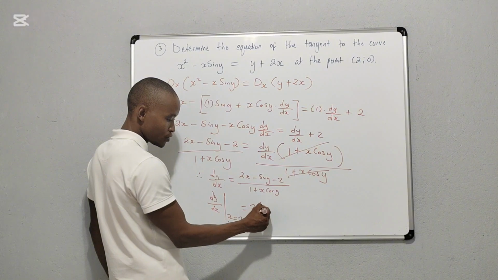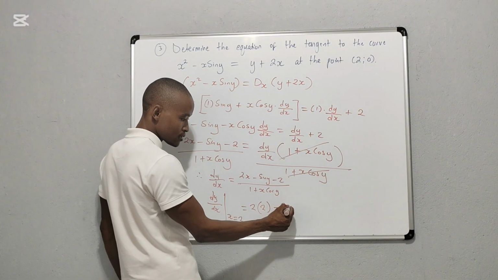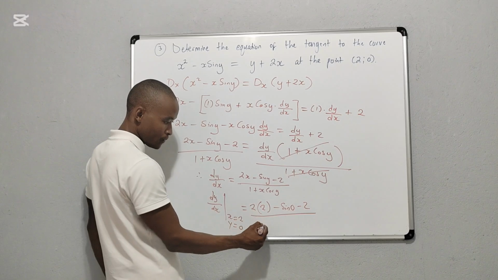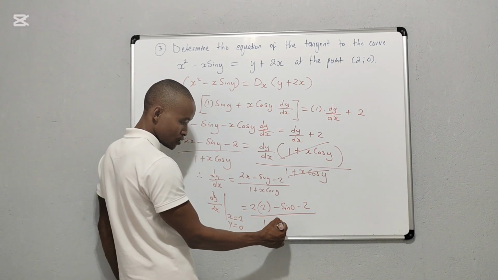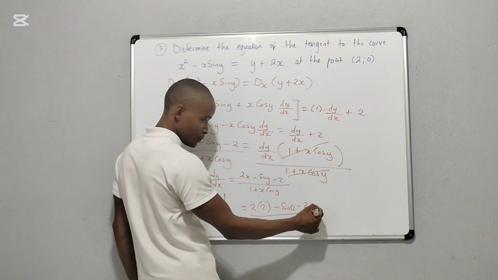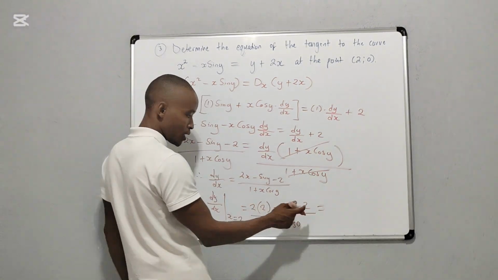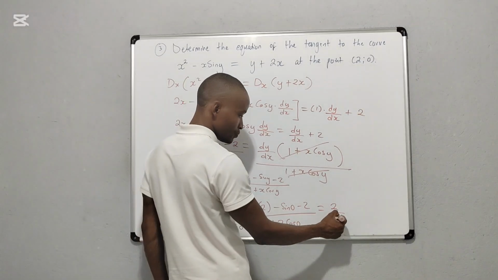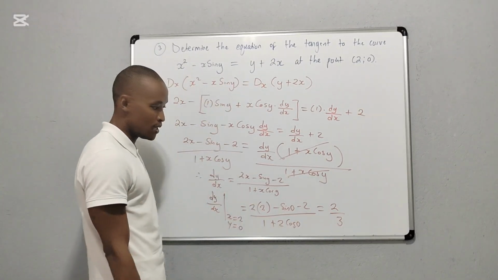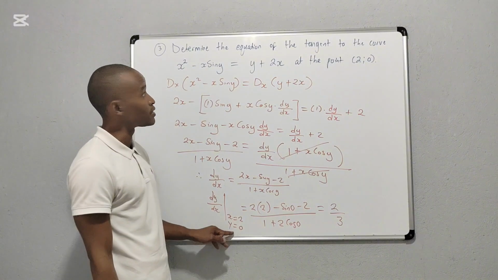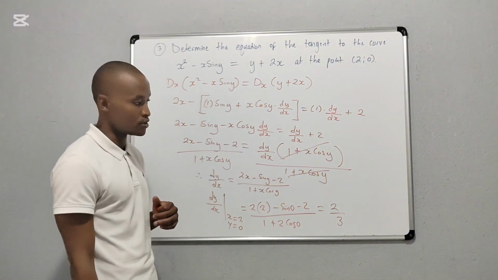So 2 times 2 minus sine 0 minus 2 over 1 plus 2 times cos of 0. So this will be 4 minus 2, and 1 plus 2, so 2 over 3. And that is the derivative at that point, which will represent the gradient of the tangent.